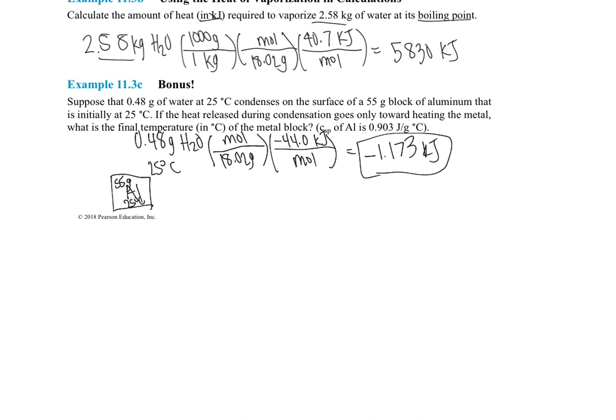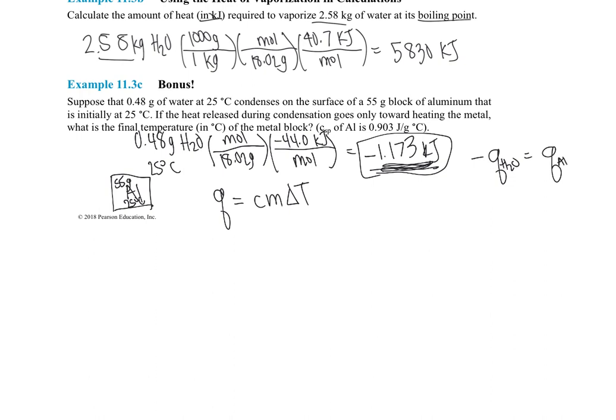Now we have our aluminum, so when I release that heat, it's going to go into the metal. So now I'm changing the temperature of my metal, so I have Q equals C m delta T. The energy lost from my water is how much energy my aluminum metal gains.